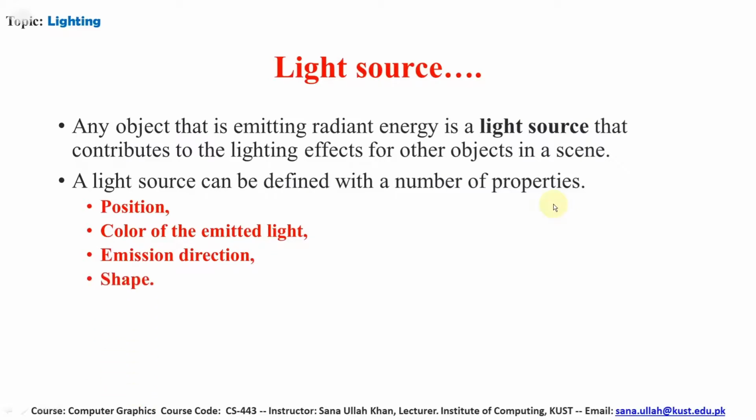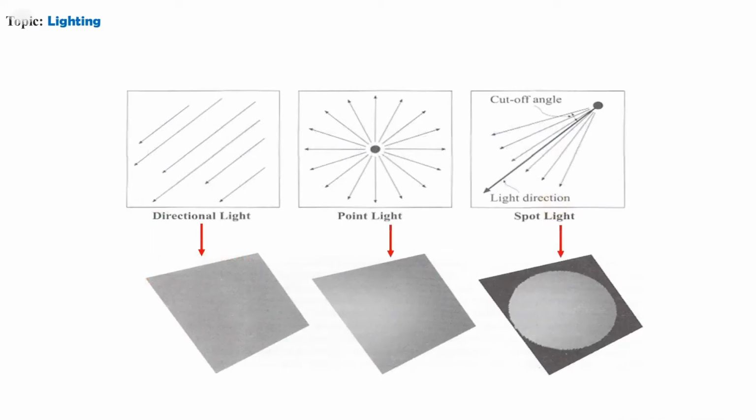Then the shape of the light source. A light source can be defined in three types. One is called directional light, the second is called point light, and the third is spotlight.